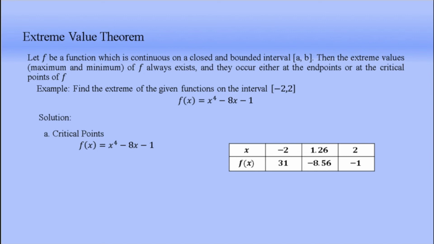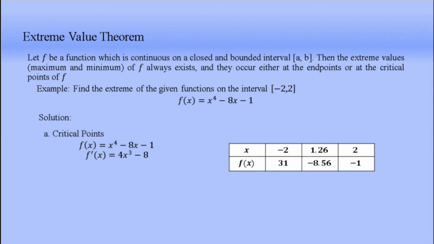So we're going to apply the differentiation rules of power rule for positive integers, constant rule, and the constant multiple rule. So the derivative of x raised to the 4th power is 4x cubed, and then the derivative of -8x is -8, and then the derivative of -1 is 0.